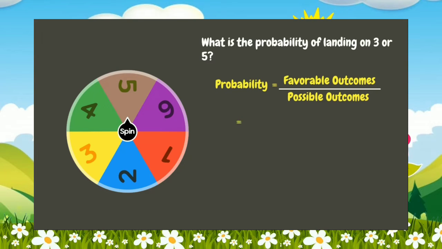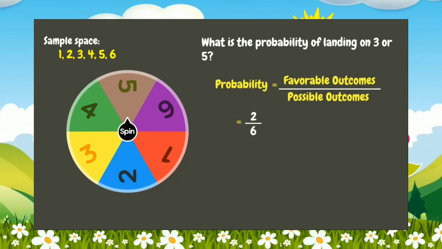So, we have 2 favorable outcomes here, which are 3 and 5. So, we will divide it by the possible outcomes. What are those? 1, 2, 3, 4, 5, and 6. Total of 6 possible outcomes.